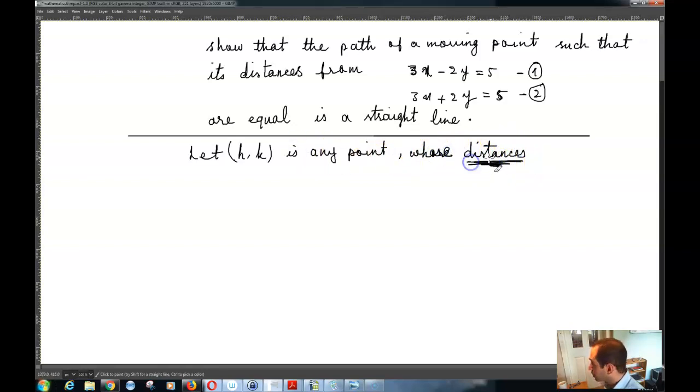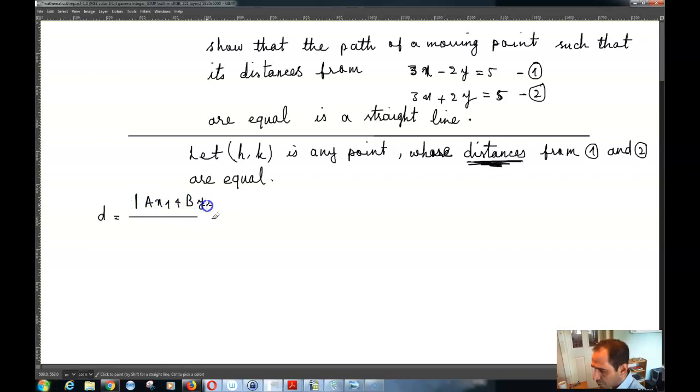You need to be careful about that. So basically the formula that we had over here, D is equal to the absolute value of ax1 plus by1 plus c over the square root of a squared plus b squared. That was the perpendicular distance of a point from a line.